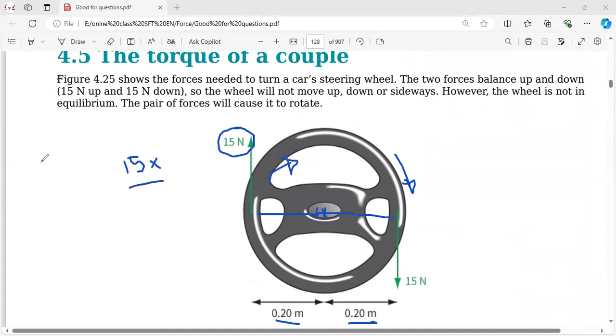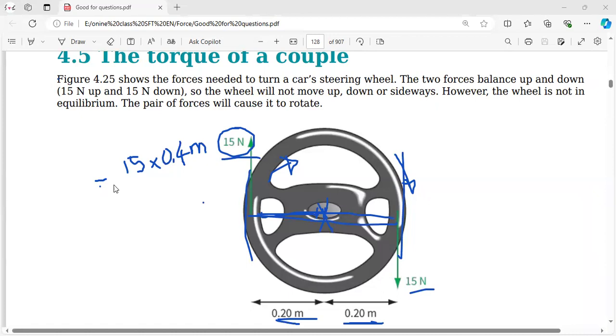Then you can directly get the answer as 15 multiplied by the distance between the forces, which is actually 0.4 meters. But in the other moment cases, we only take the distance from the pivot point, so 15 multiplied by 0.2 plus 15 multiplied by 0.2.